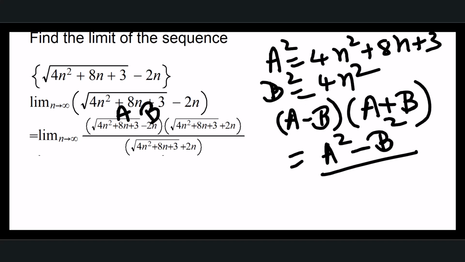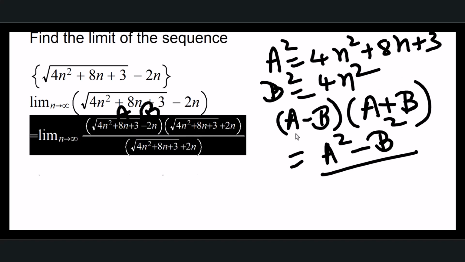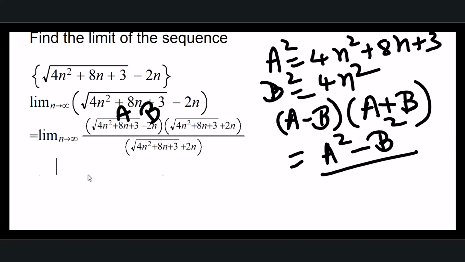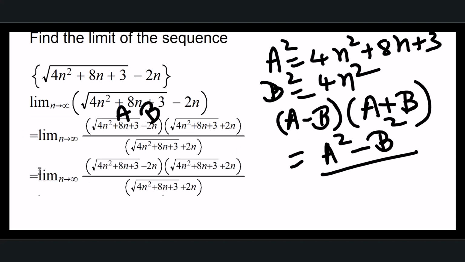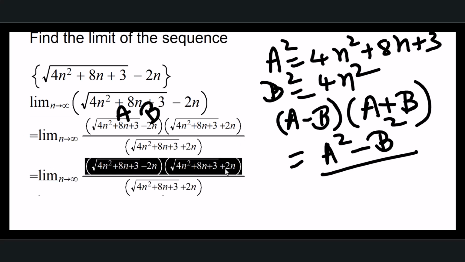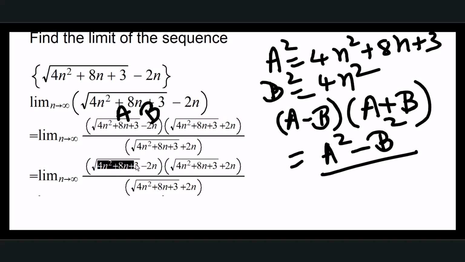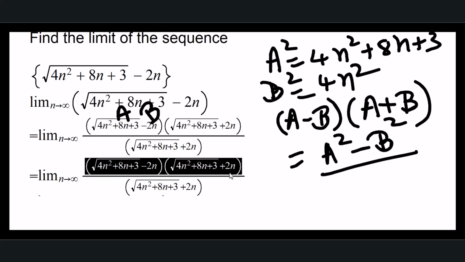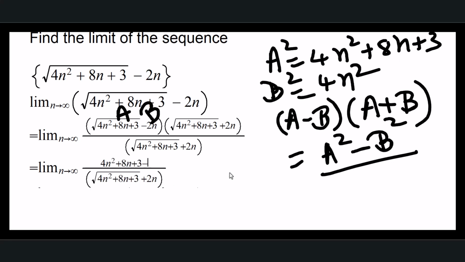So what we will have now is, in the numerator, this quantity is the square of a, as I wrote here. So we have this, and then minus 4n square, the square of 2n. So that's how much?